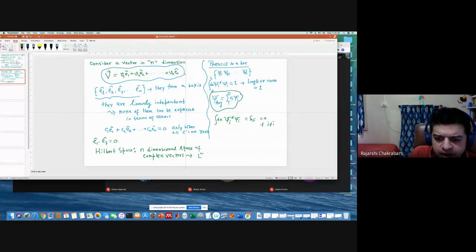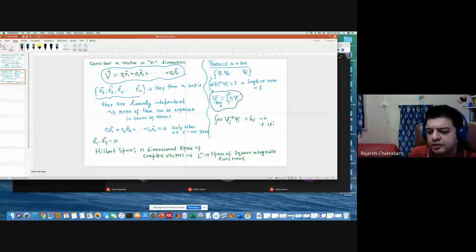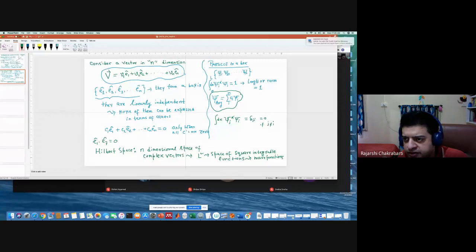This is called L square. This is a space of square integrable functions. And what are these functions? These are nothing but wave functions. So you are following. These are like wave functions or state functions.